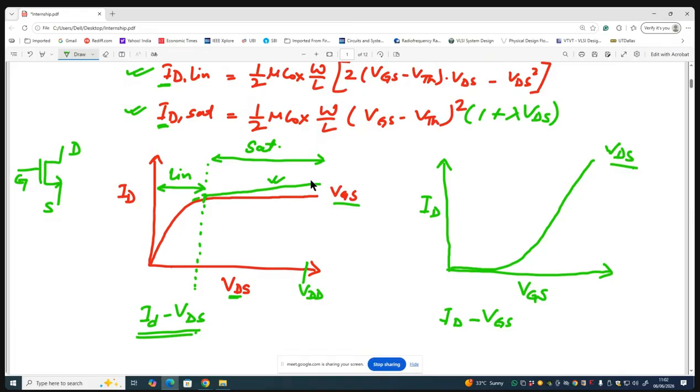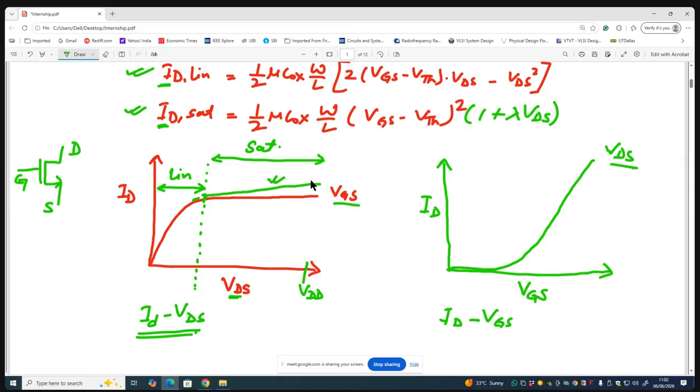But as we know, no ideal thing exists. So in reality, when VDS is increasing, the saturation current does increase slightly with increase in VDS.